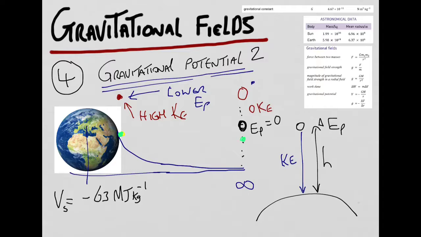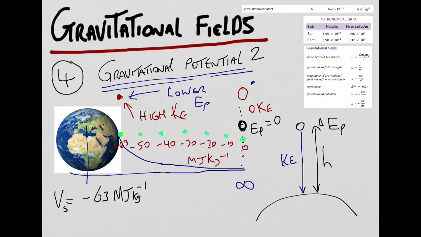So there must be points along this path where the gravitational potential is various other numbers between 0 and minus 63. So we may have minus 50, minus 40, minus 30, minus 20, minus 10, 0, and minus 63 at the surface of the Earth. This is all in megajoules per kilogram. So we have these points where the value would be less.